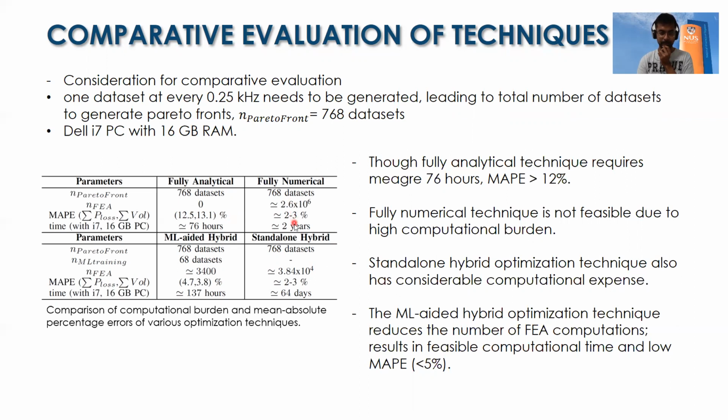The fully numerical one is estimated to take too much time, though it is expected to yield low errors, and is thus not feasible with the usual computational resources that a power electronics design engineer would have. Now, the standalone hybrid one also takes quite a lot of computational expense. The ML-aided hybrid one, however, takes a reasonable amount of time and can yield lower mean absolute percentage error, and it intelligently reduces the number of FEA compared to the one without the aid of machine learning.